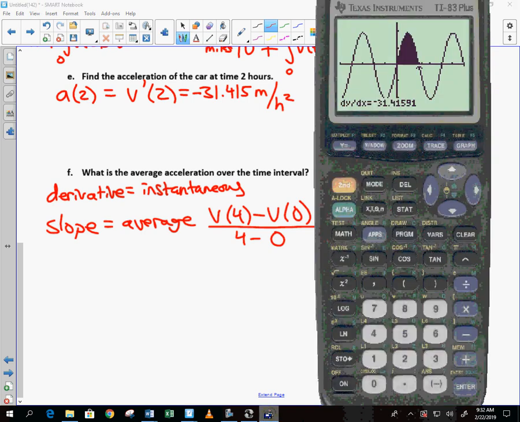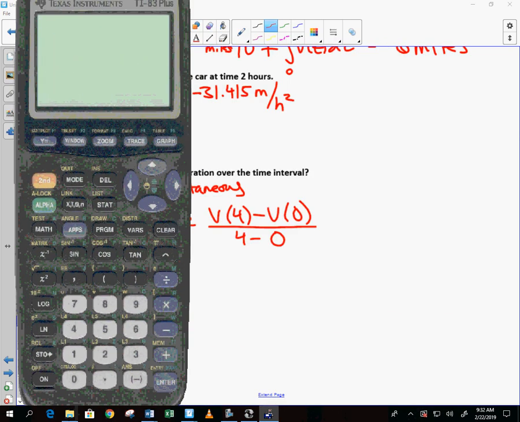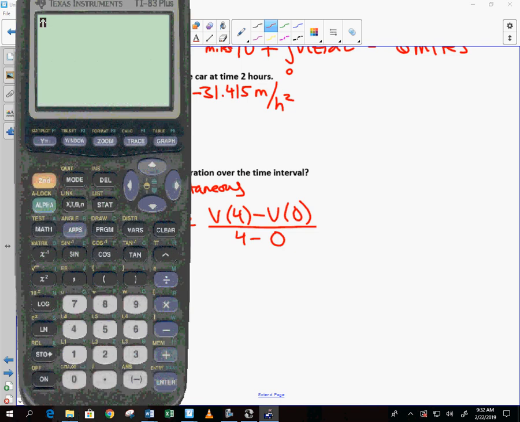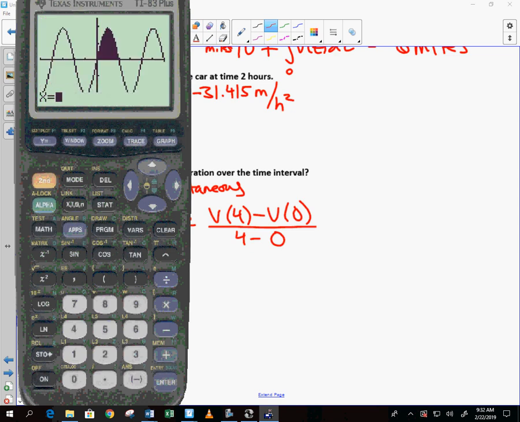Now let's look at our calculator and figure out how we can make this easy. Do we have the velocity function in our calculator? We do. How do we do v of 4? Second, calculate, value, 4. What do you get? -1.